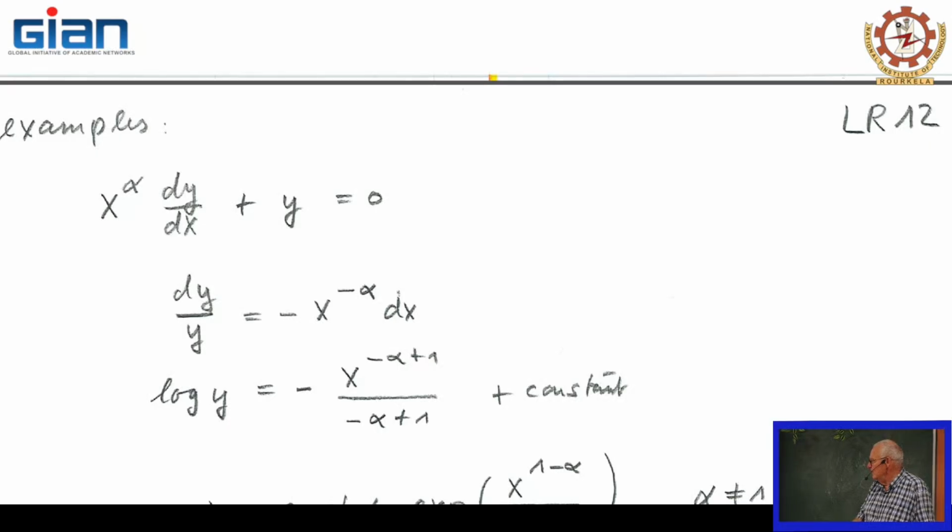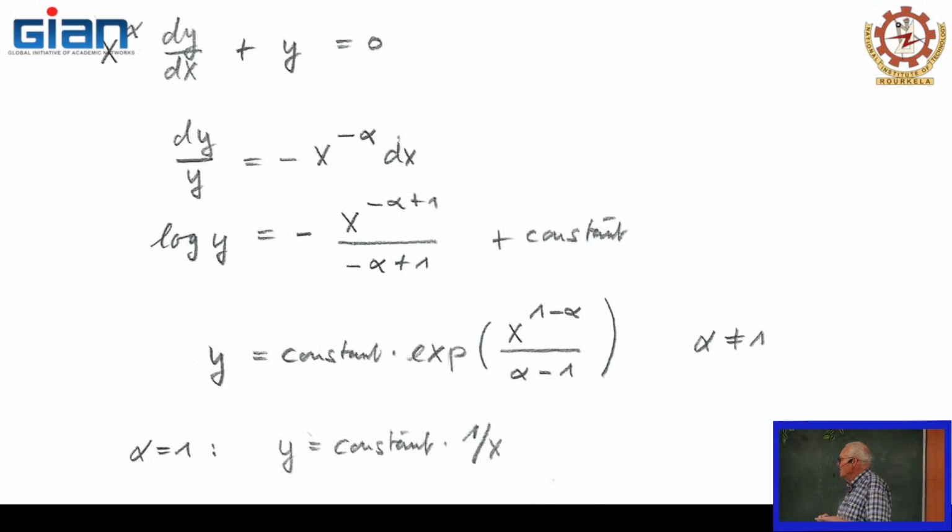Okay, then take the exponential, and we have the solution. y is a constant times the exponential of this quantity, which is the exponential of x to the power 1 minus alpha divided by 1 minus alpha, with alpha not equal to 1. Alpha should not be 1. In that case, we have another solution given here. So you see, once alpha is bigger than 1, that means the coefficient vanishes faster than the order of the differential equation, you have a diverging solution here.